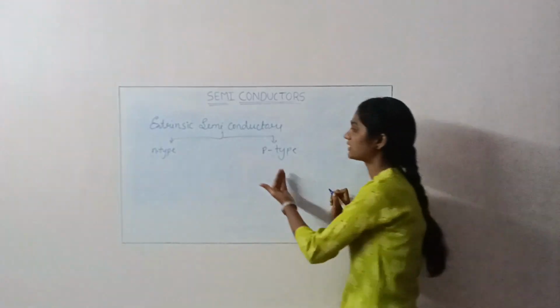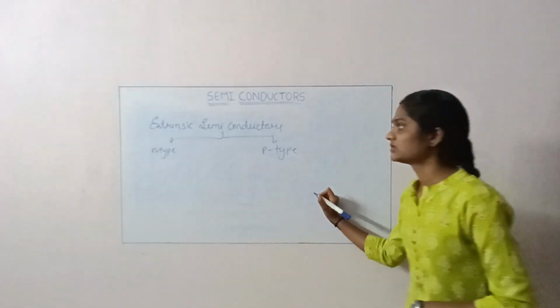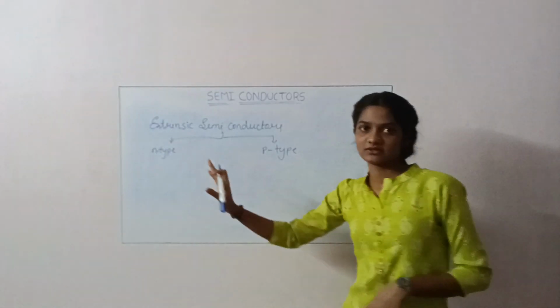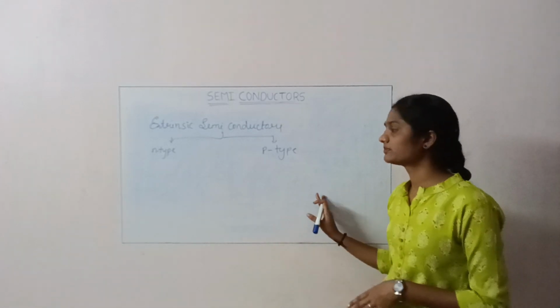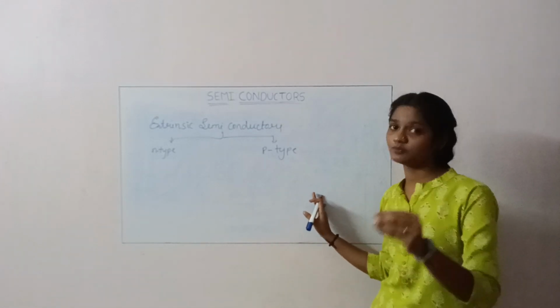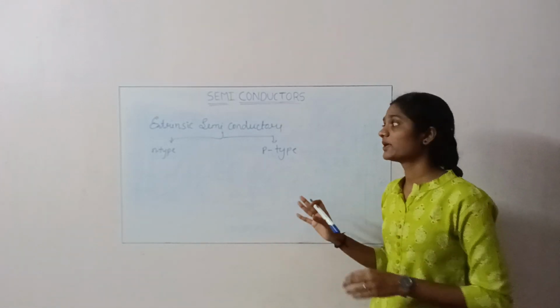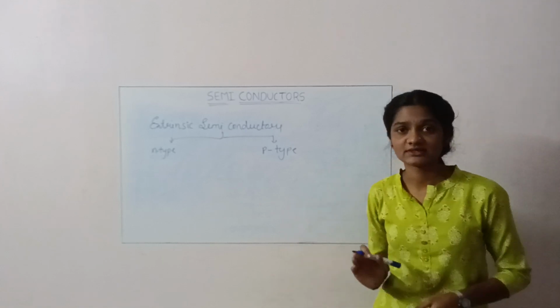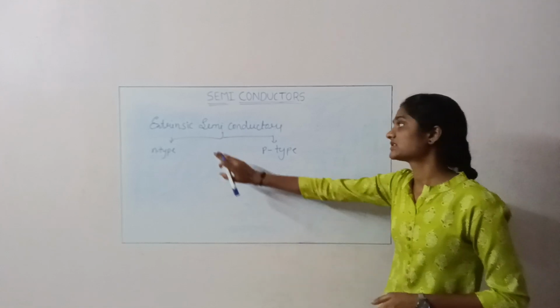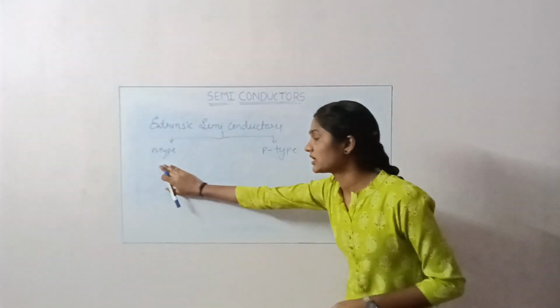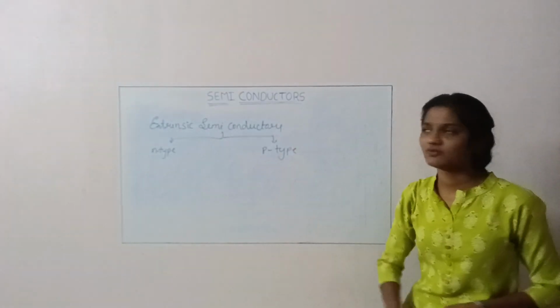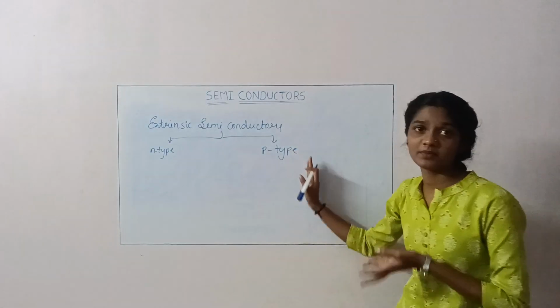One is N type, one is P type. As I said, extrinsic means external impurities are added. Depending upon the type of impurities added, those extrinsic semiconductors have been divided into N type and P type. And what do you mean by N type? What do you mean by P type?